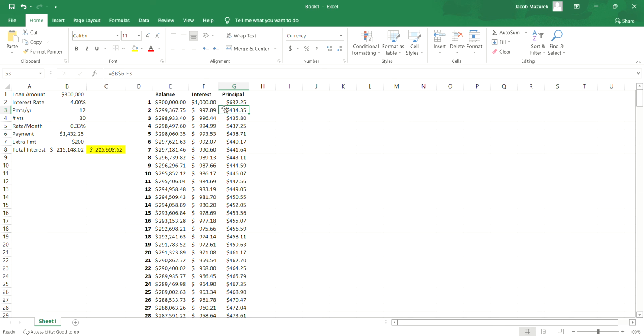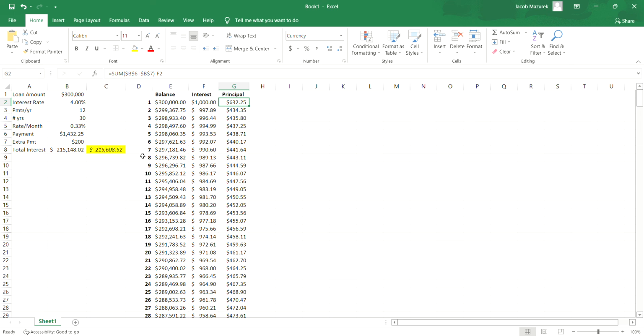So before, we've got a larger payment. 1632.25 minus 1,000 is 632. Let's just move this all the way down, and you're going to see what the effect is going to be.